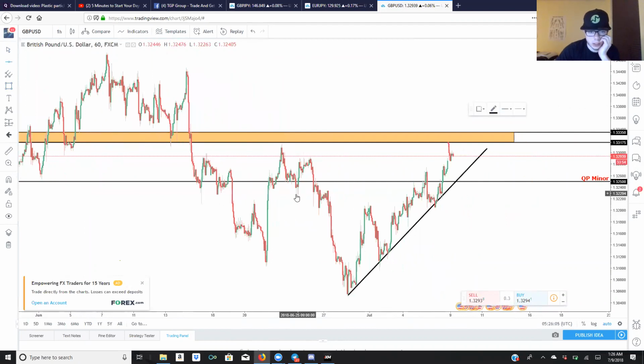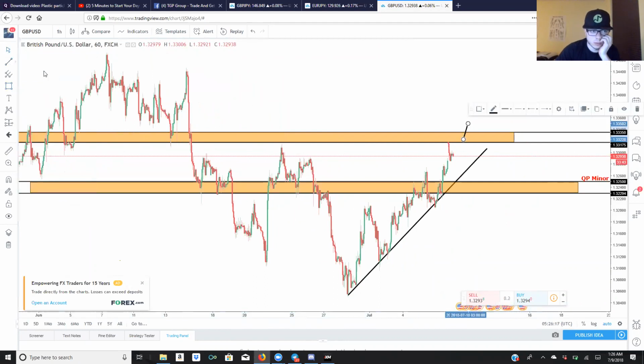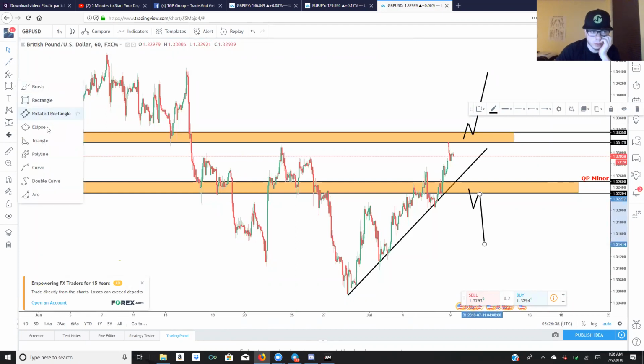I'm going to highlight this one down here. Wait for the break, wait for the retest. Get in your trade.